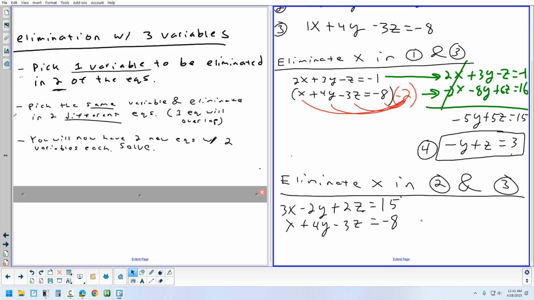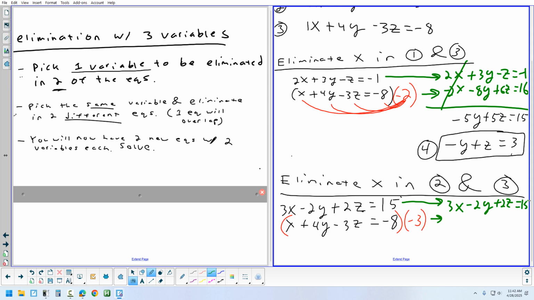Which equation do we have to multiply to make that happen? Bottom. Yeah. What could we multiply the bottom by? Negative 3. What's going to happen to the top equation? Stays the same. So 3x minus 2y plus 2z equals 15.